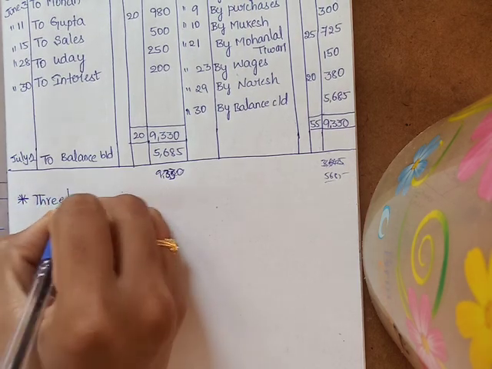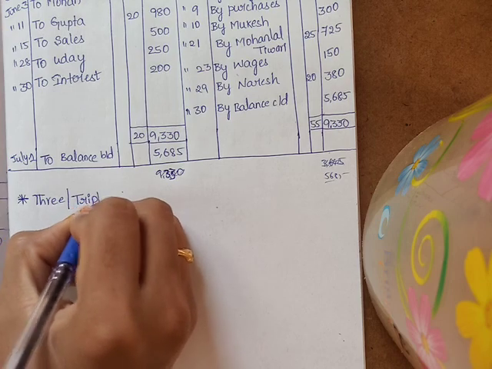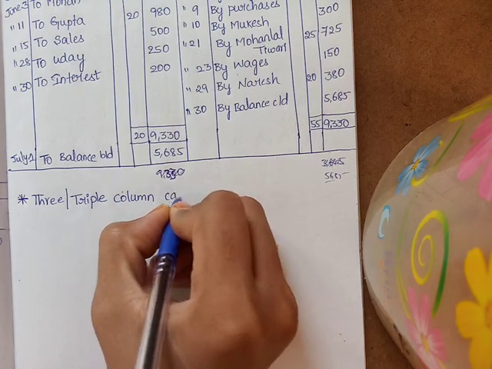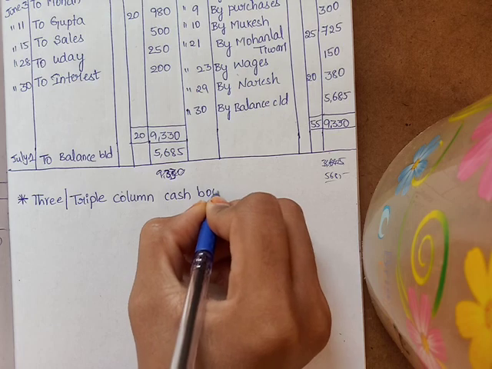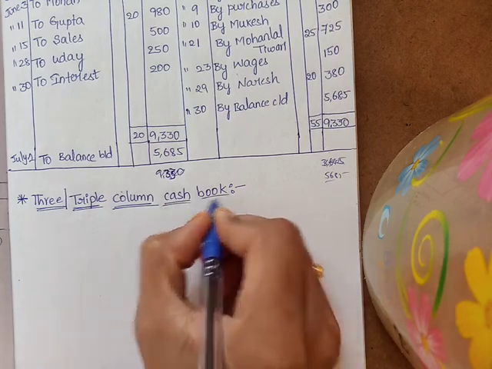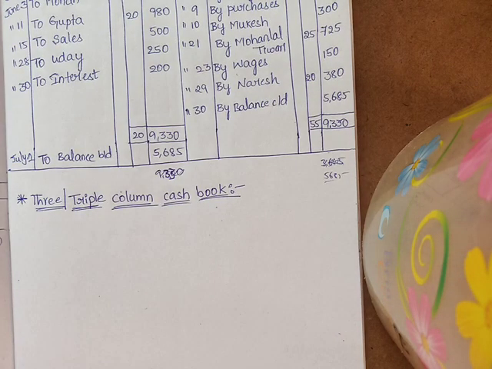As the name itself says, it is a three or triple column cash book. So in that, three columns will be there.